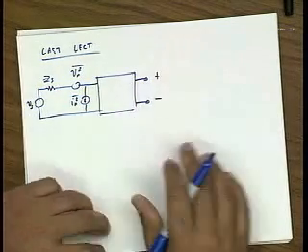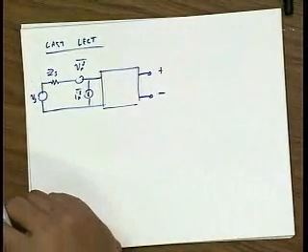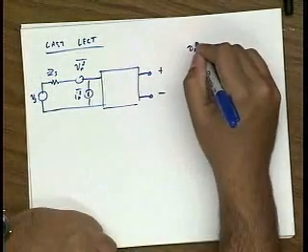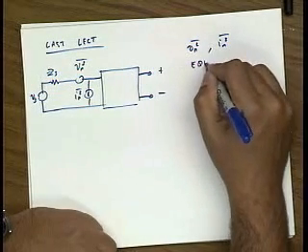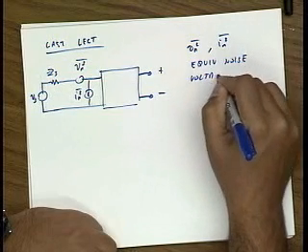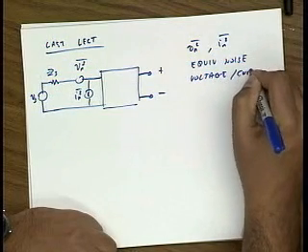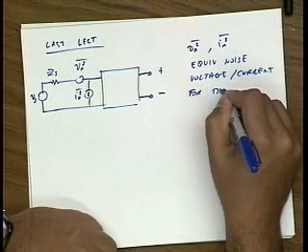It turns out it's not that much more difficult to analyze the problem where Vn and In are correlated. So Vn squared, In squared are the equivalent noise voltage and current for the 2-port.